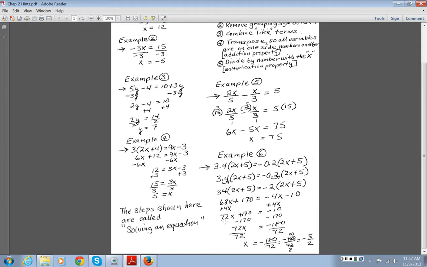That gives me a 72. I will subtract 170. Subtract 170. I get a negative 180. And now I'm going to divide by the numerical coefficient of my variable, which is 72.